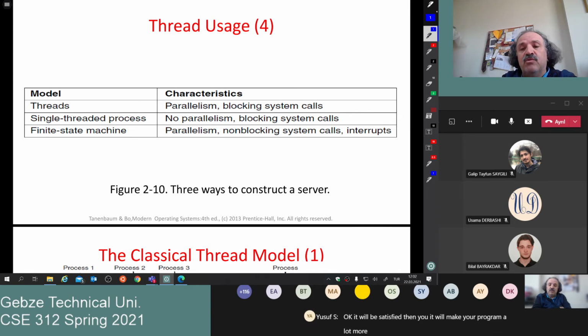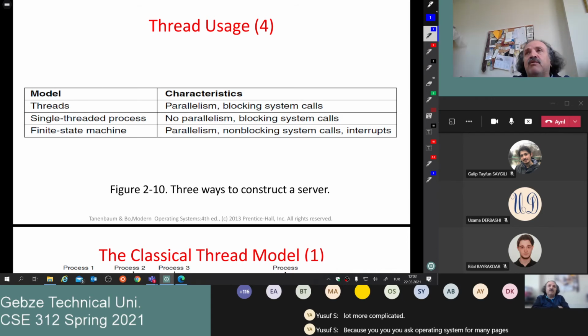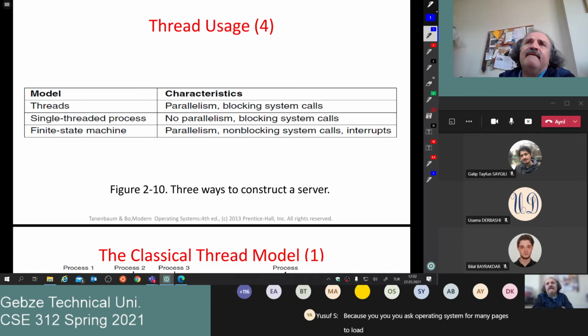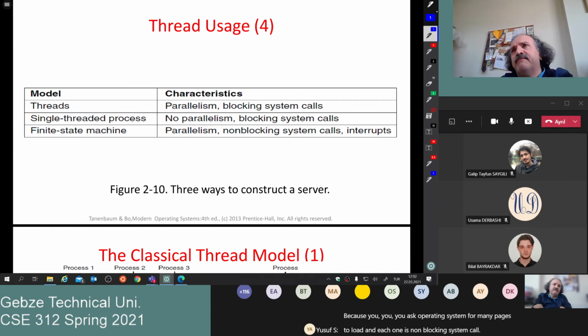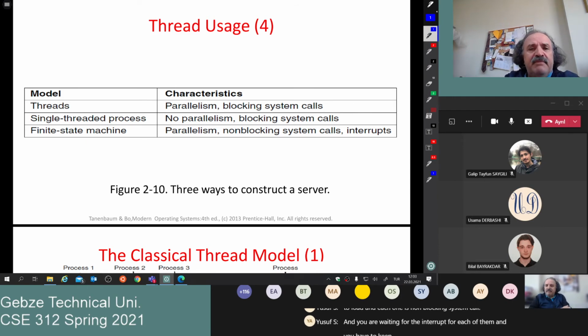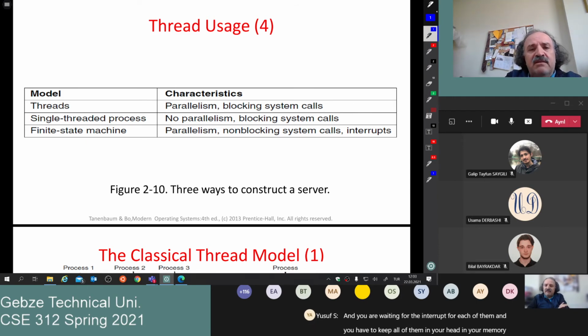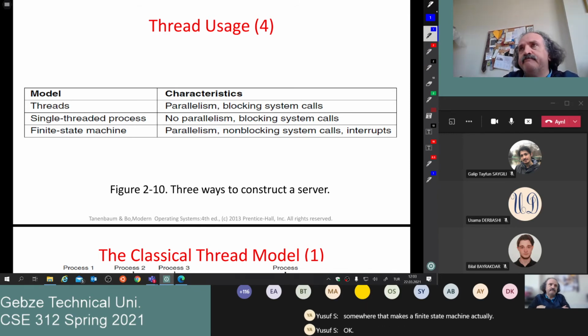You ask the operating system for many pages to load, each one is a non-blocking system call, you are waiting for the interrupts for each of them, and you will have to keep all of them in your memory somewhere. That makes a finite state machine, actually. So the simplest and most convenient one is the threads or the multiprocess approach.